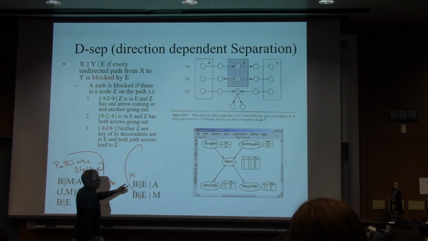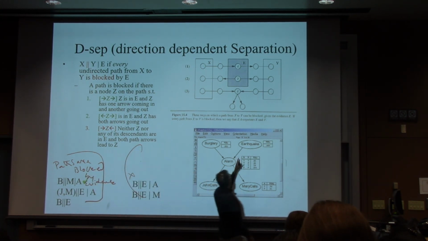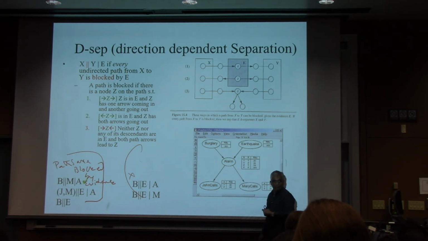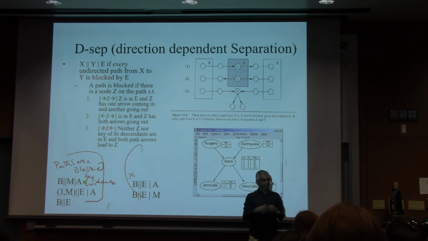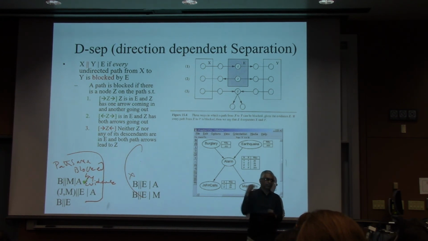On the other hand, burglary is not independent of earthquake given alarm, because alarm is a common effect. If you give the alarm, then the path is not blocked. If you don't give it, it's blocked.